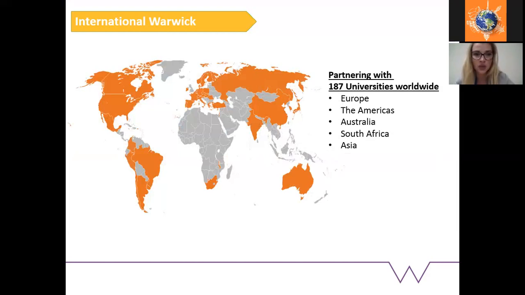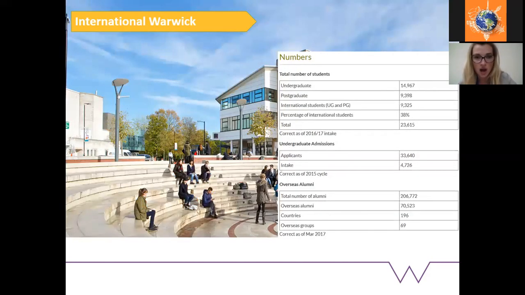We are not only sending students abroad, we're receiving a lot of students. And currently here you can see some statistics. You can see that actually there are about 9,000 postgraduate students. 38 of our total students are international, from outside of Britain. But you can also see that last year for our undergraduate programs, we received 33,000 applications, and we only gave offers to around 5,000 students.